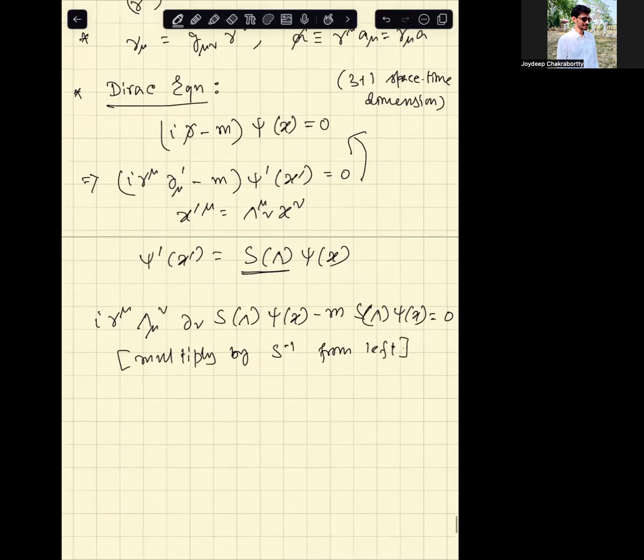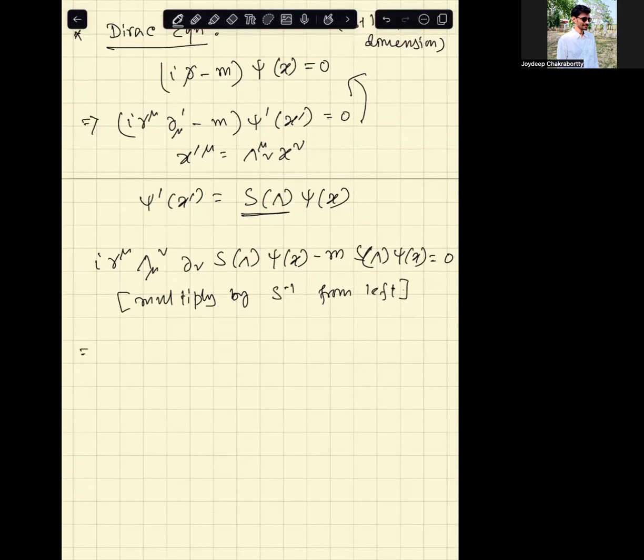So here we are multiplying from the left. If we have to satisfy this relation, S inverse gamma mu S is lambda to the gamma mu, and only then can we say my Dirac equation doesn't alter under this transformation. If we impose that demand, then we find this relation.